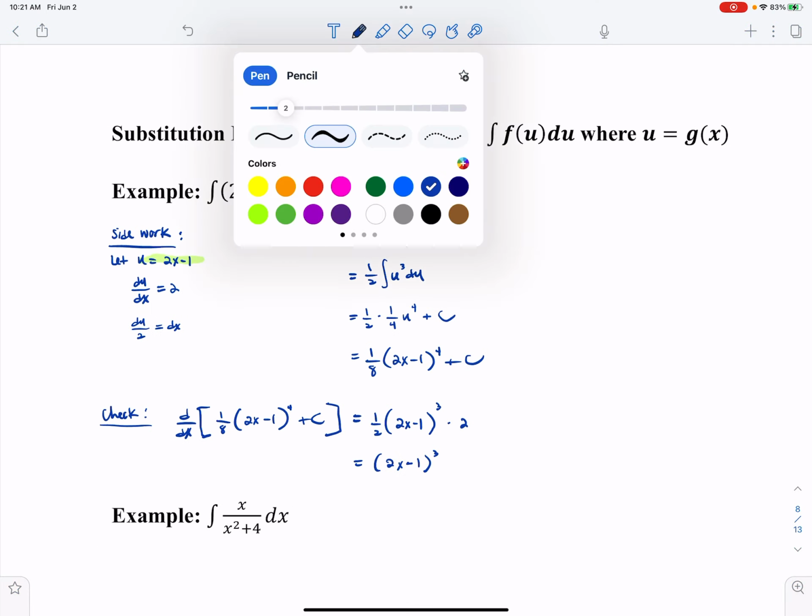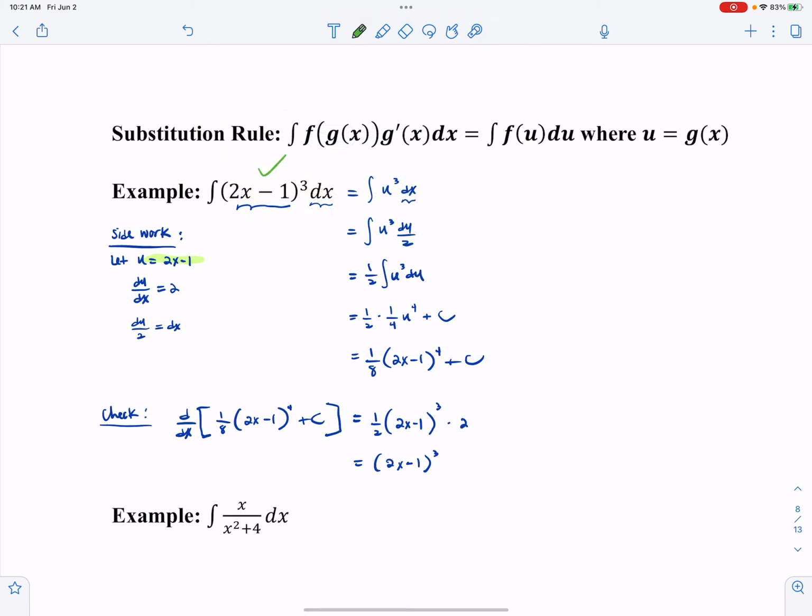And that means it worked, right? Because that is the integrand, those match. So this is the antiderivative of the quantity 2x minus 1 cubed. So when we integrated, we found the general antiderivative.